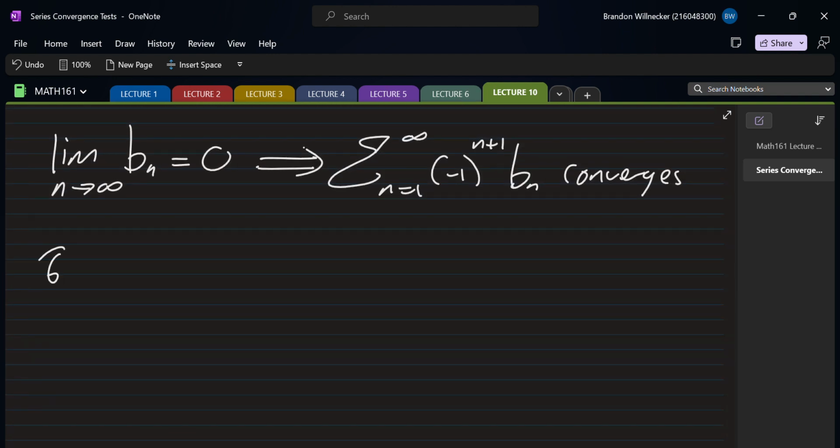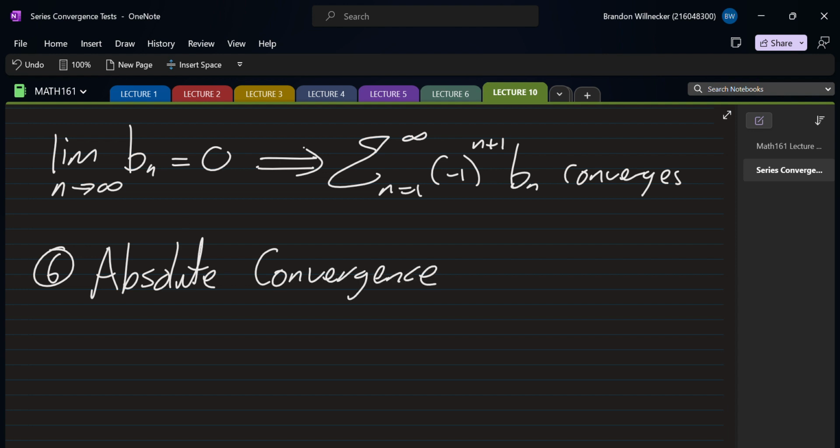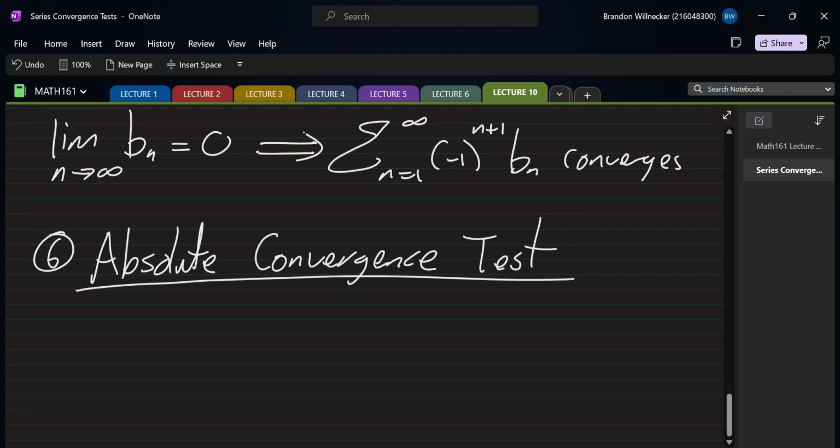Number 6 is the absolute convergence test. This one's quite simple to state.